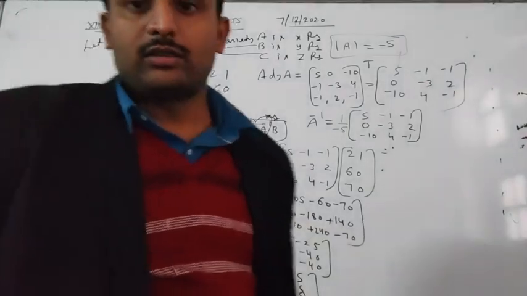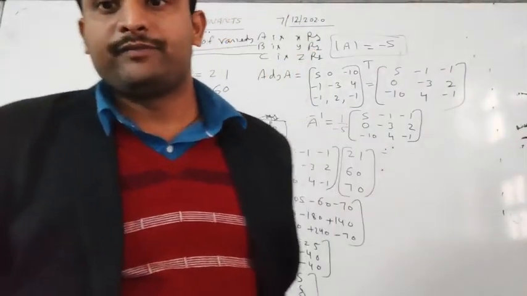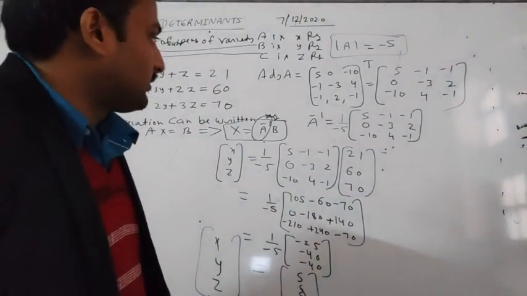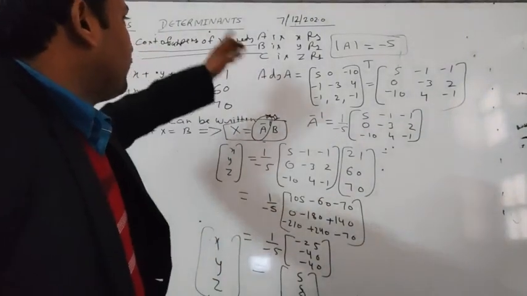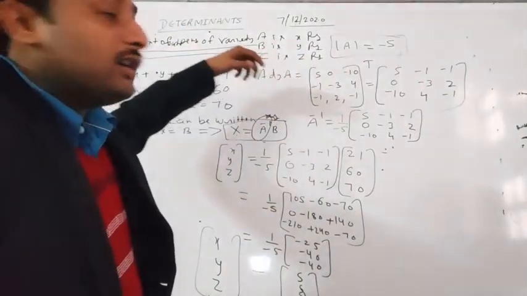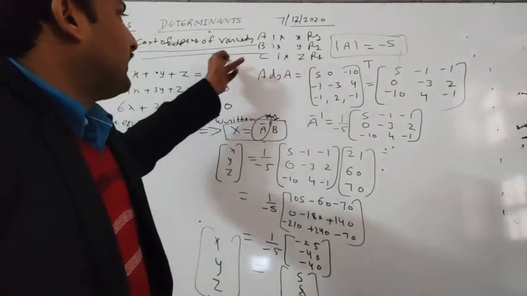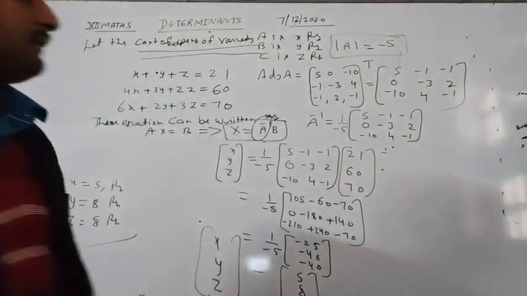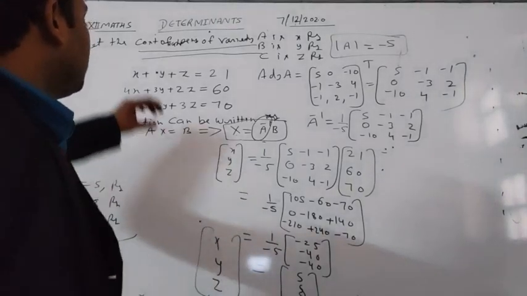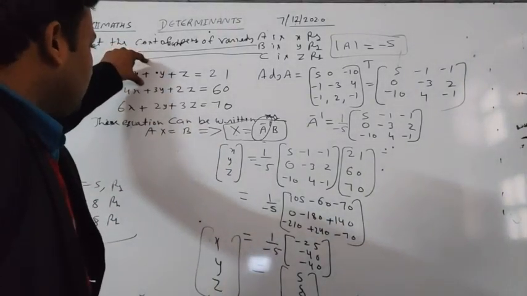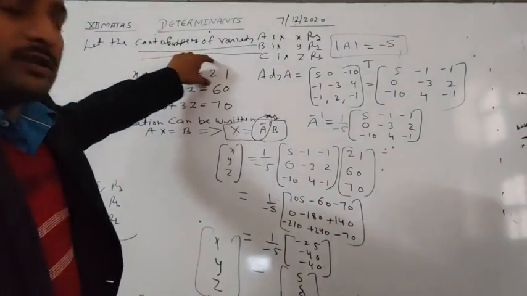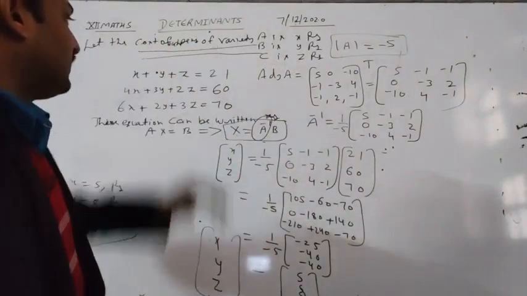Okay students, so in this way we can find out the solution of the word problem based on this topic. First, we have taken the cost of each pen of variety A as X, variety B as Y, and variety C as Z. After that we applied the given conditions of the question. The total cost of one pen of each variety is 21, so we have written X plus Y plus Z is 21.